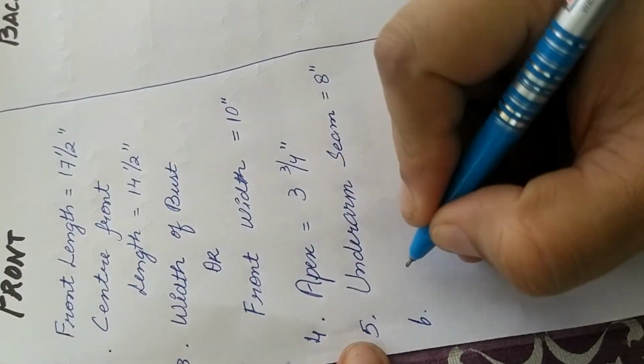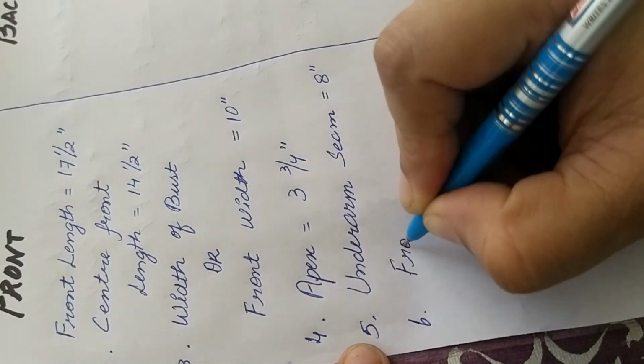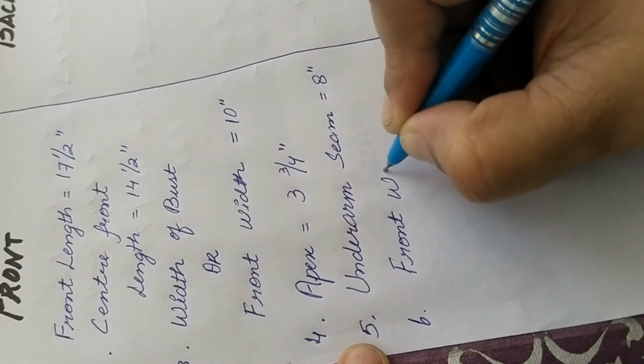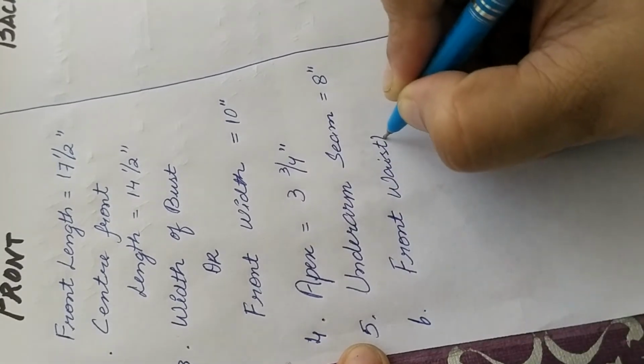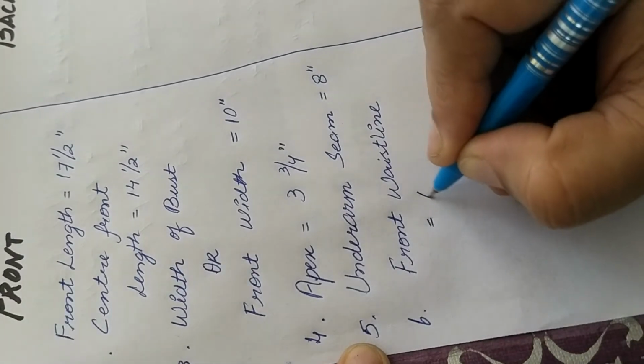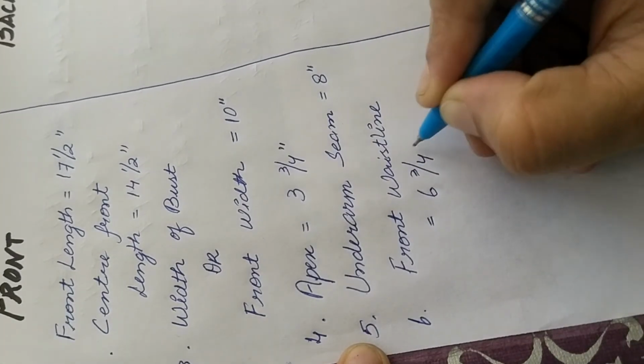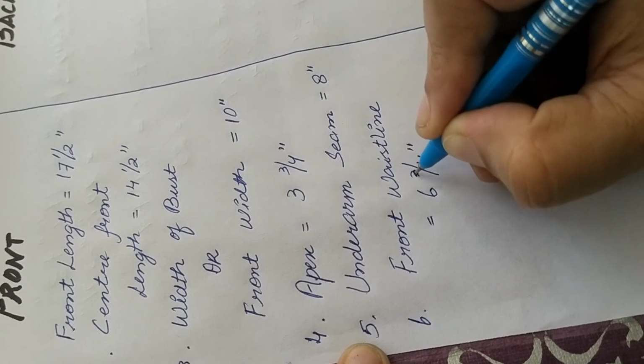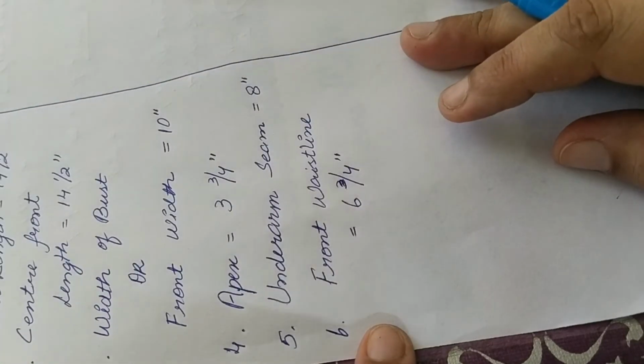After this, the next measurement is front waistline. Front waistline measurement is 3 by 4 inches. It's 3. Okay.